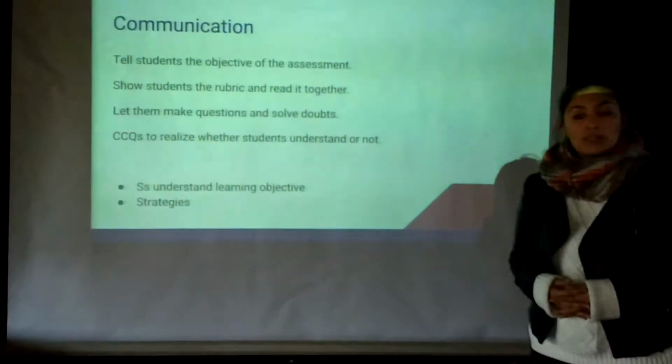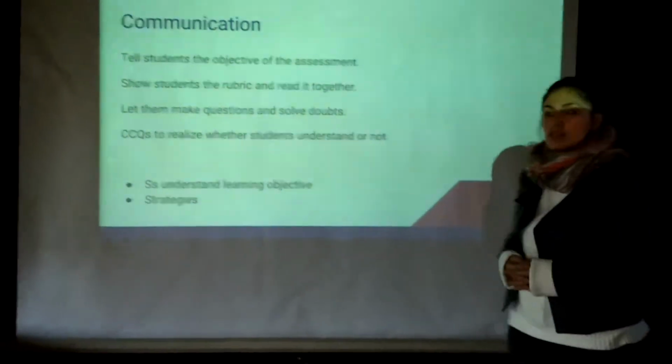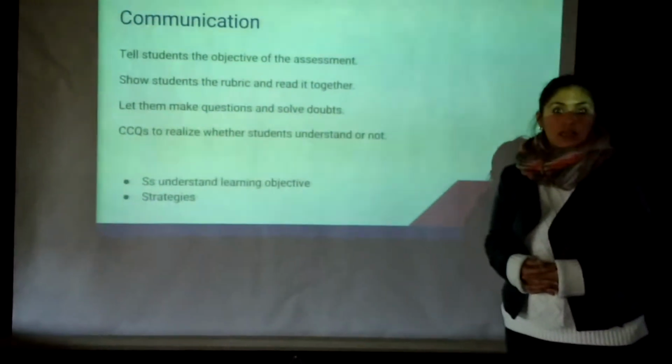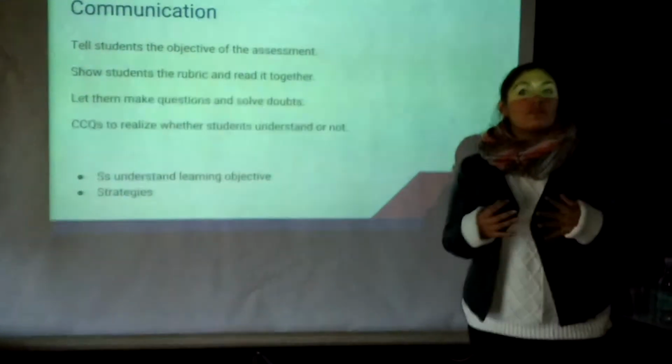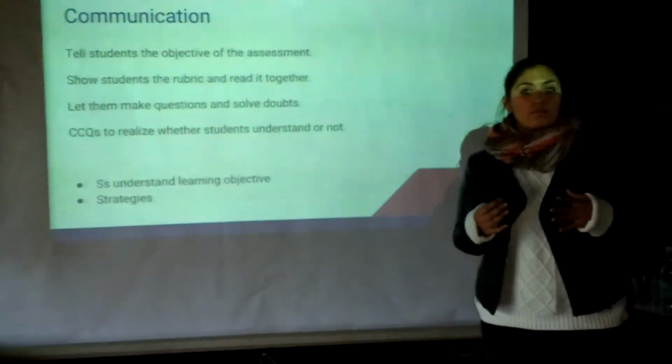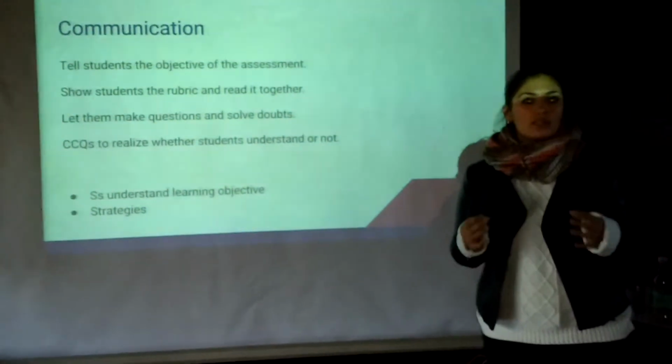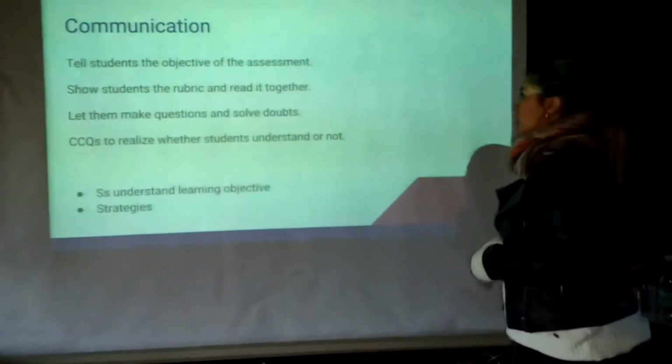Our validity point in this case is that students have to understand the learning objective. And we have to use different strategies to be sure that the students understand that.